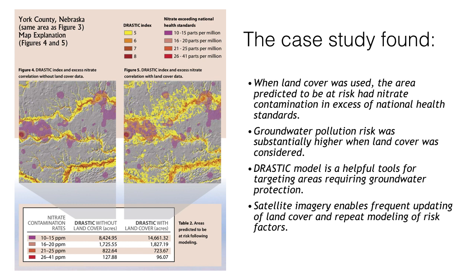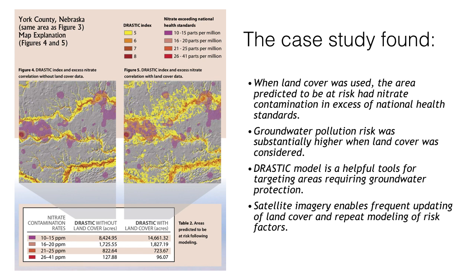When land cover was used to compute the DRASTIC index, the area predicted to be at risk was better associated to regions that are known to have a high nitrate contamination. York County was predicted to be at higher risk for groundwater pollution when land use was considered than when it was not considered.